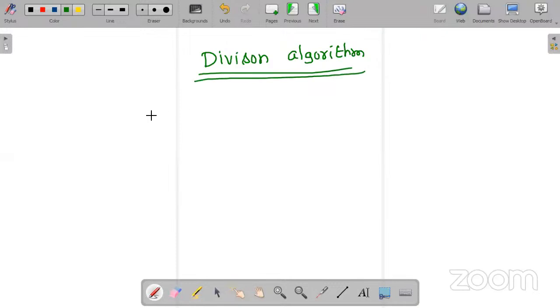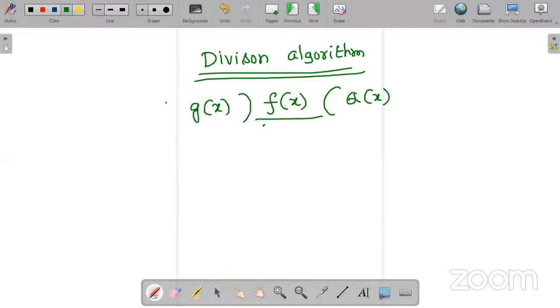For example, if g of x divides f of x, here the quotient is q of x, the remainder is r of x.